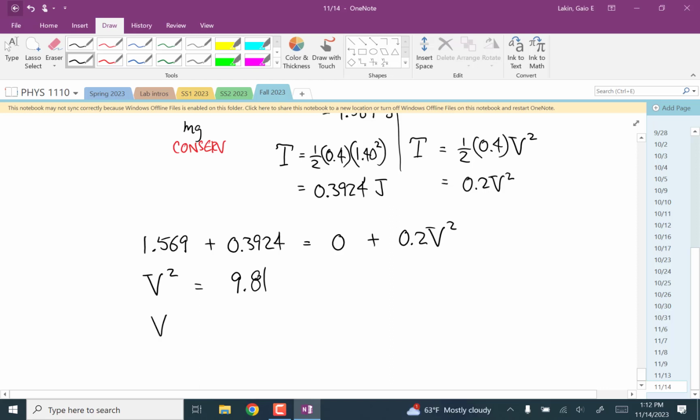Take the square root of both sides, and v is equal to plus or minus 3.13 meters per second. So the slowest this ball can be going at the bottom of its path to maintain circular motion all the way through is 3.13 meters per second, like 7 miles an hour. That would vary depending on the length of the string you were using.